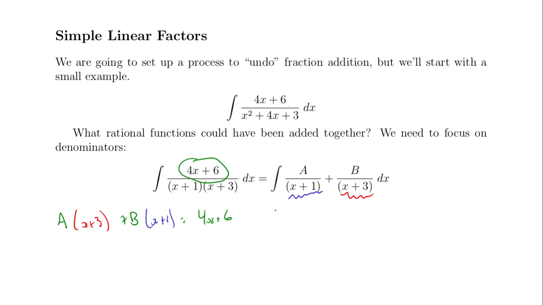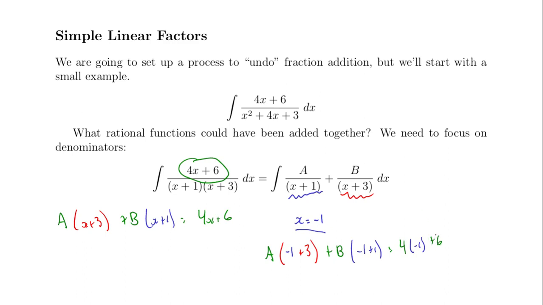So let's take a look at two specific x values. Let's take a look at what happens when x is equal to negative 1, and you'll see why. We're going to say a times negative 1 plus 3, maybe I'll put this in red still. I'll keep all the colors in there. I like them. Plus b times, and here you'll see what happens, negative 1 plus 1, ooh, that's going to be good news for us, equals 4 times negative 1 plus 6.